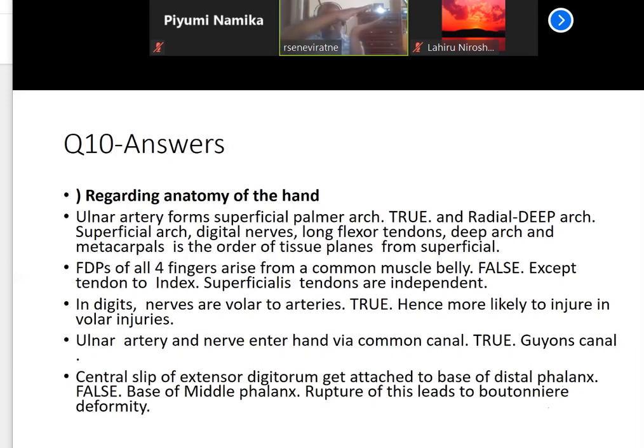From here downwards, you have initially skin, and palmar aponeurosis after that. Below that you get the superficial arch, the arteries. Below that you get the digital nerves level, and below that the long flexor tendons, and below that the deep arch, and below that in one plane you have metacarpals, and in between metacarpals what do you get?